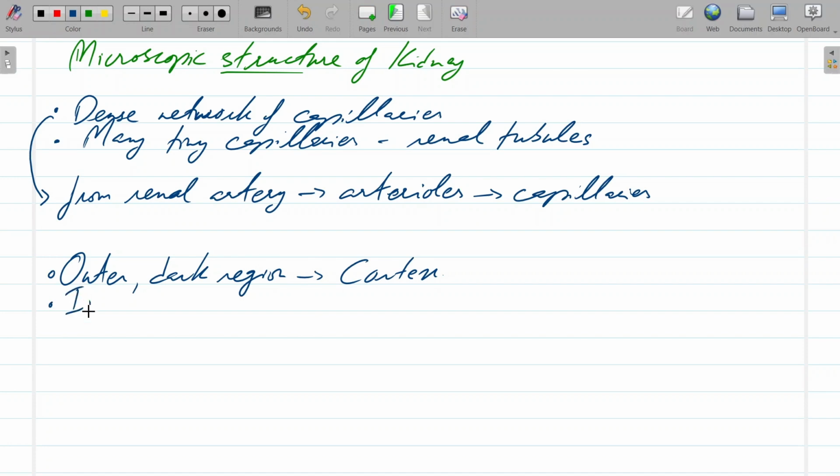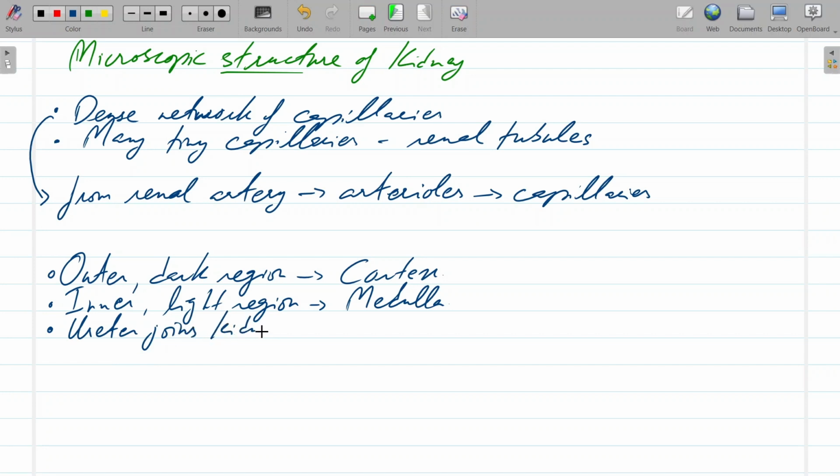Then you've got an inner light region, which is called the medulla. And then you've got the space, the area where the ureter joins into the kidney. That's called the pelvis. Right, so these are the three regions of the kidney.